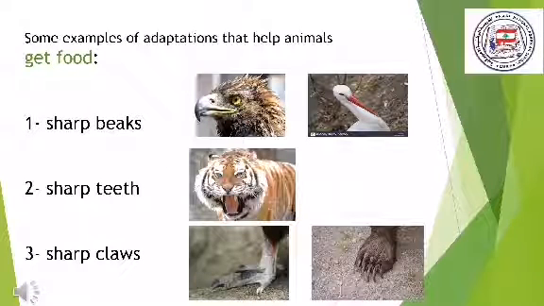Here are some examples of adaptations that help animals get food. They could have sharp beaks, sharp teeth, or sharp claws. So these are parts of their bodies that help them adapt to their environment in order to get food. So this is a kind of physical adaptation.